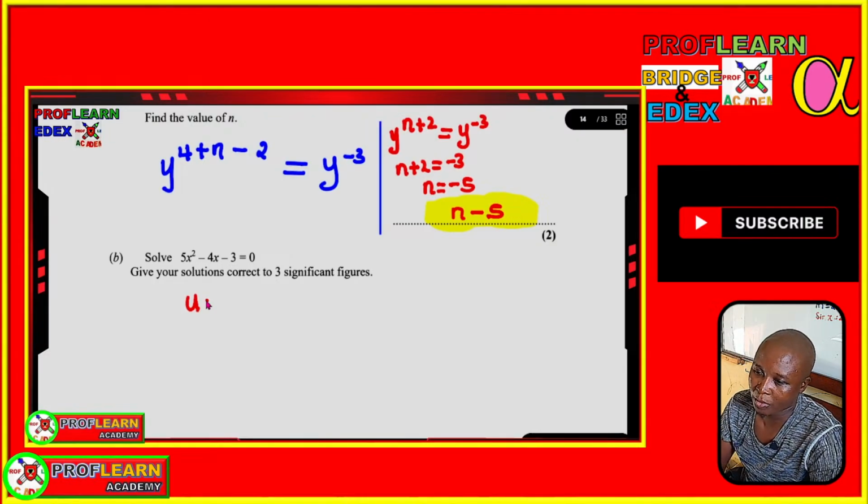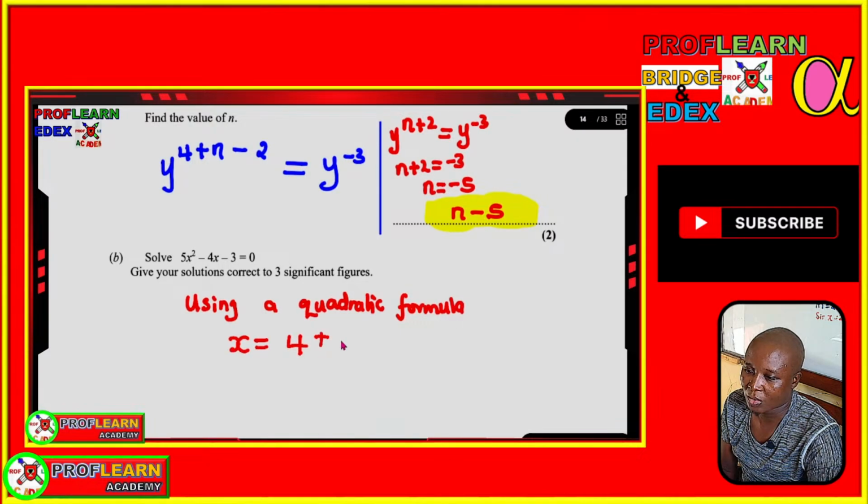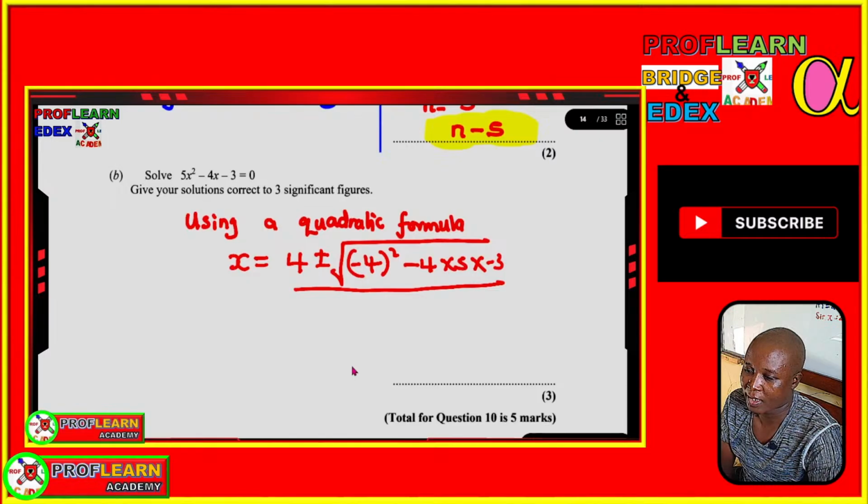Next, we are supposed to solve this, and we are going to use the quadratic formula. This is going to be 4 plus or minus the square root of negative 4 squared, which is 16, and then over 2 times a. Our a is 5, so it's 2 times 5.